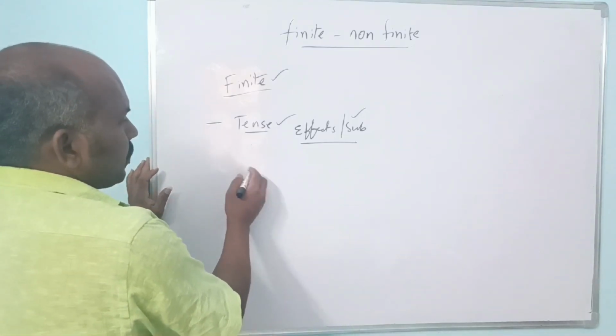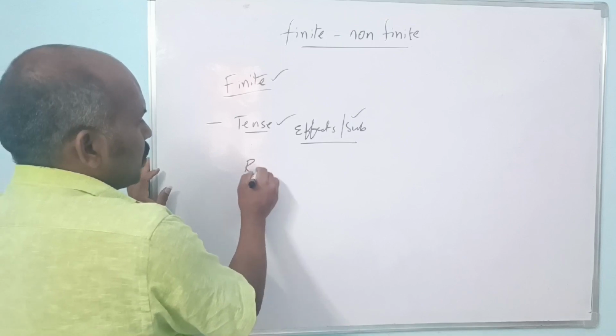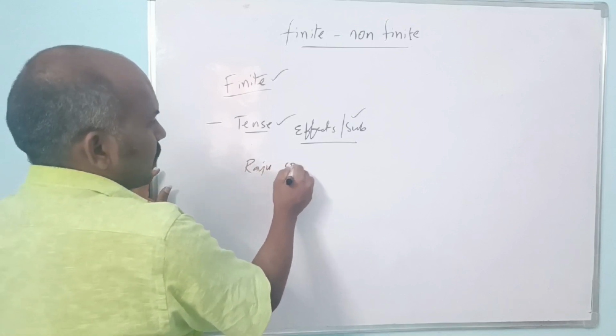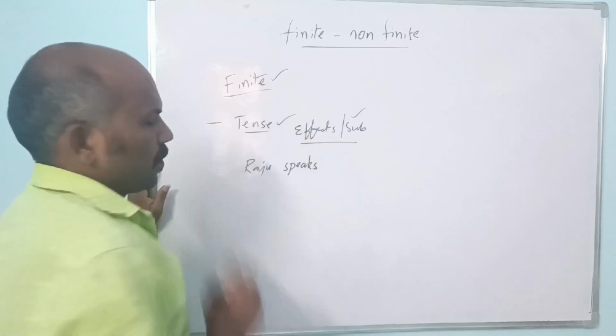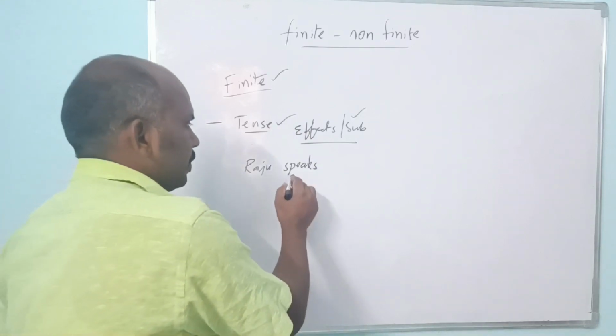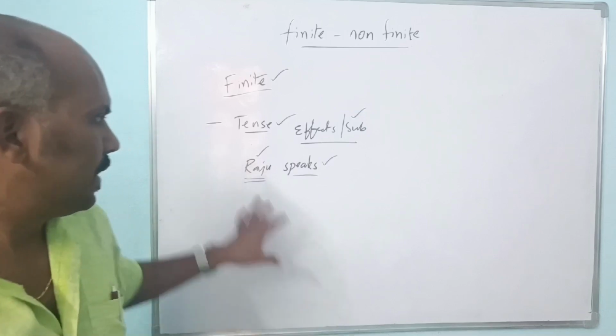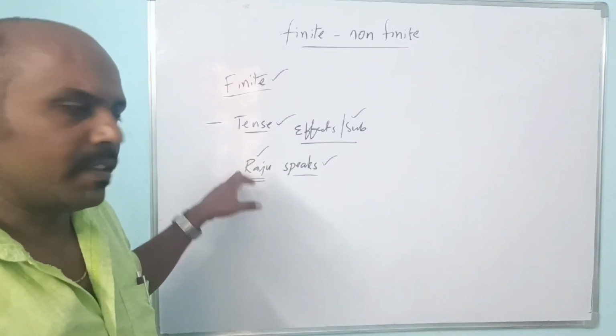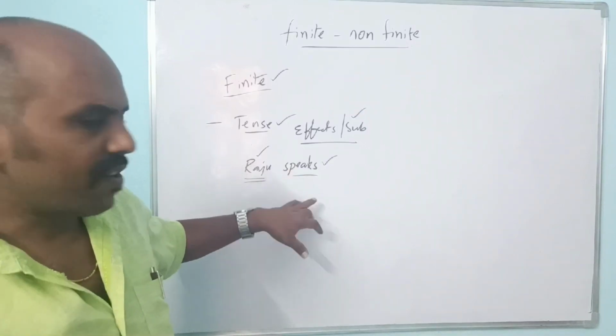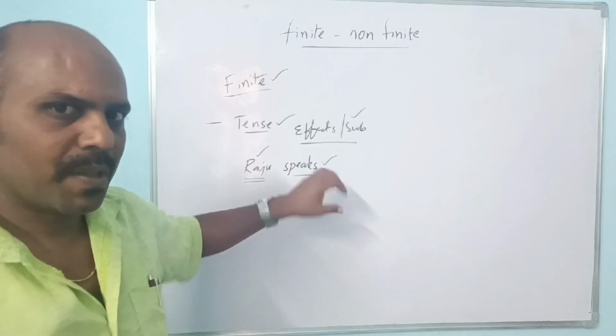Suppose, Raju speaks. Speaks is a verb which is affected by the subject, because here the subject is Raju. That's why speak takes the form speaks.